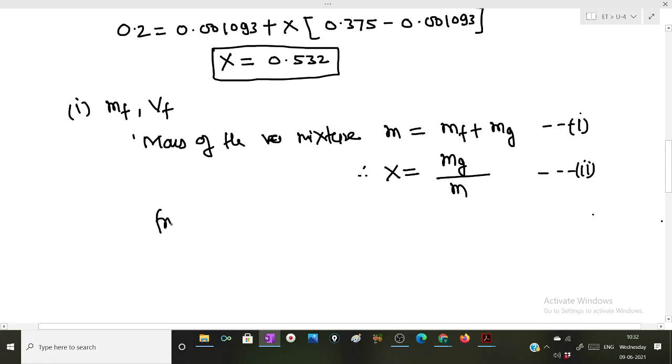So if you solve equations 1 and 2 simultaneously, I can put the value of mg in terms of x and m, isn't it?